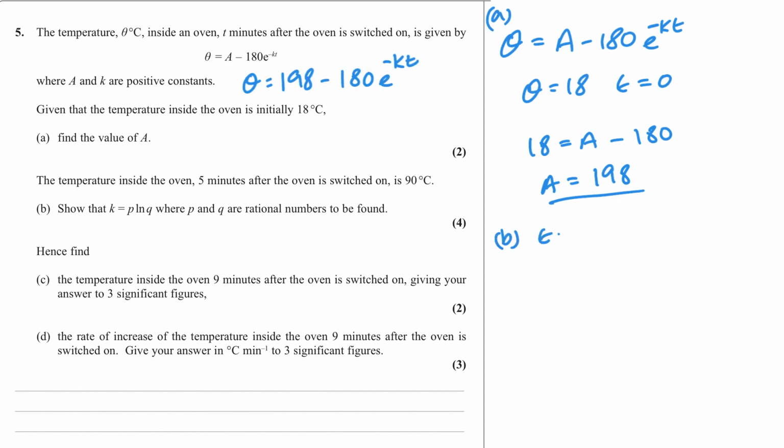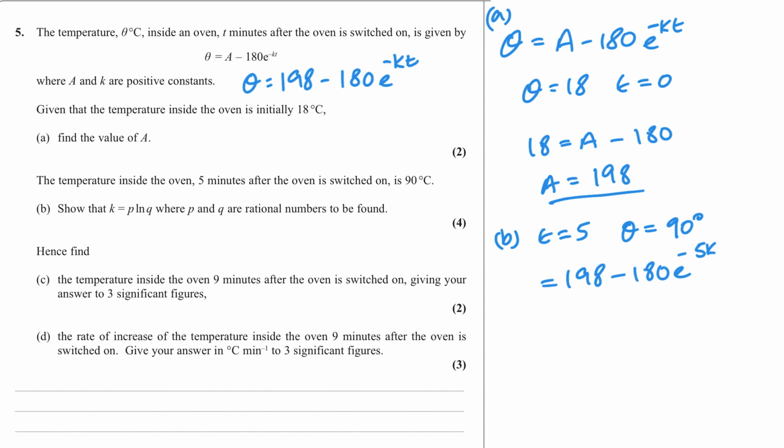So when time is 5, the temperature is 90 degrees. So using my formula, I can substitute it in. Now obviously the minus k times 5, it'd be much better to write this as minus 5k.